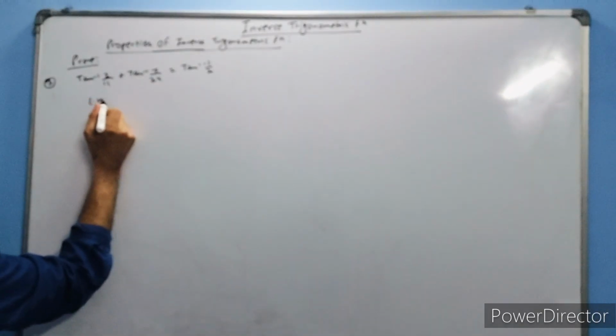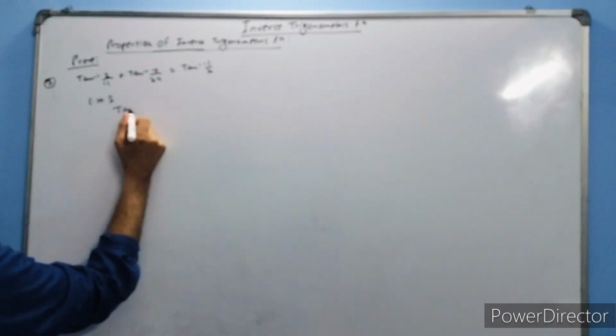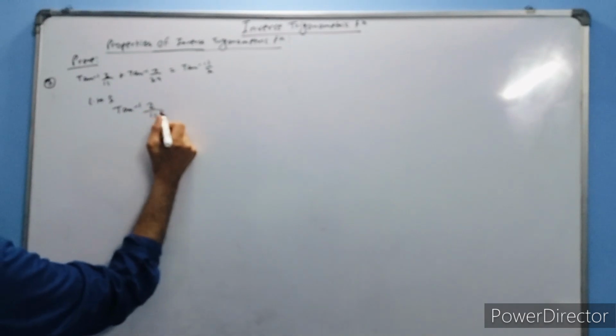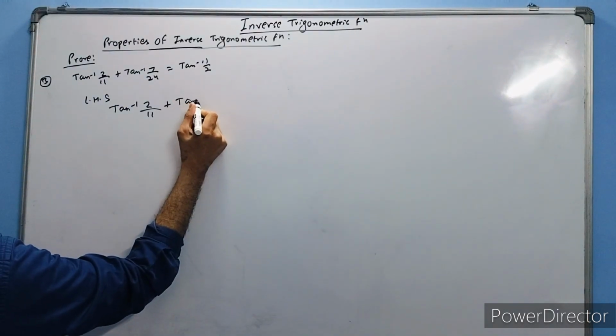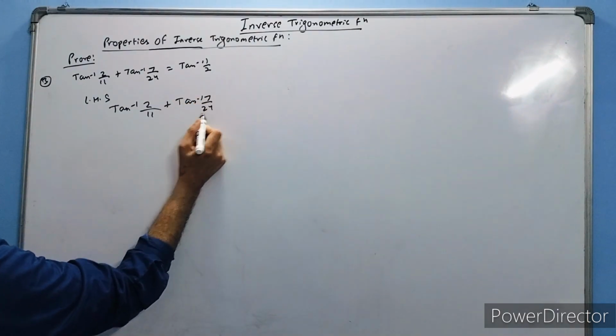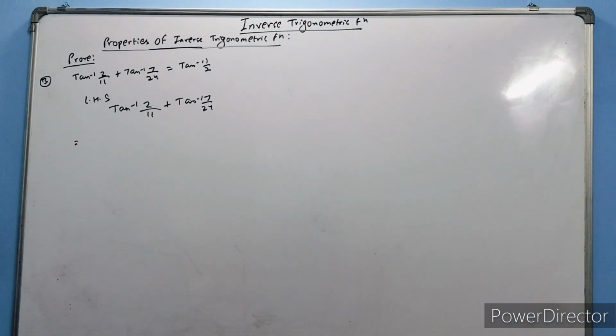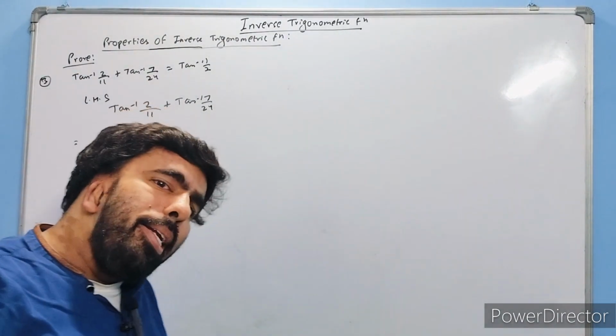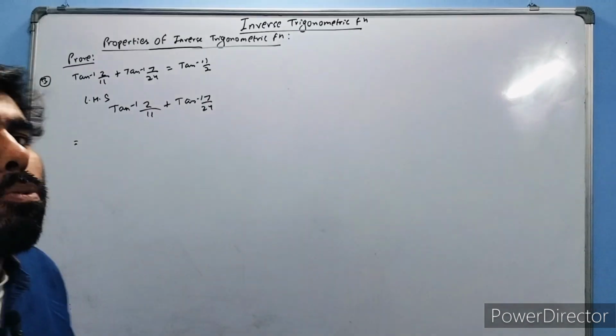In the LHS, they have given tan inverse 2 upon 11 plus tan inverse 7 upon 24. So here we'll apply the identity for tan inverse x plus tan inverse y.